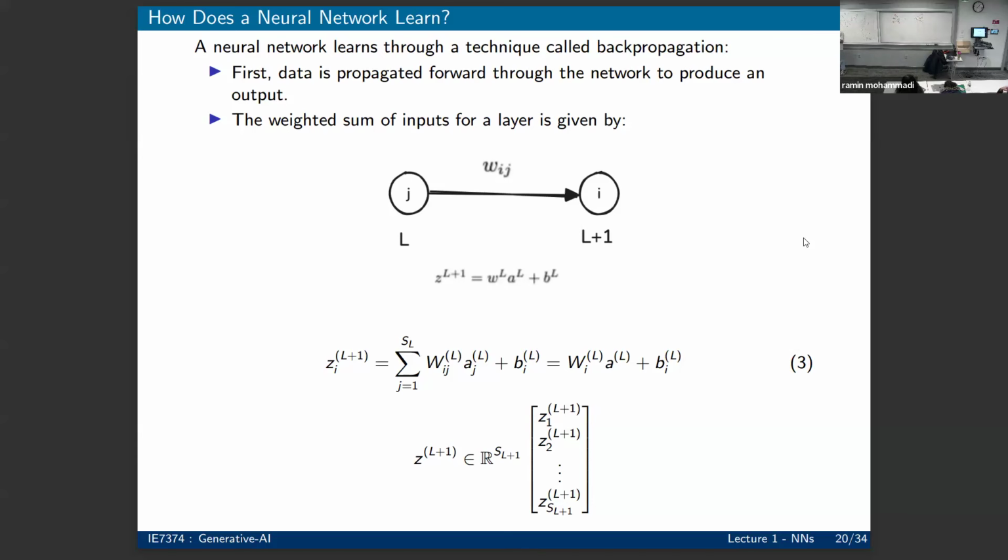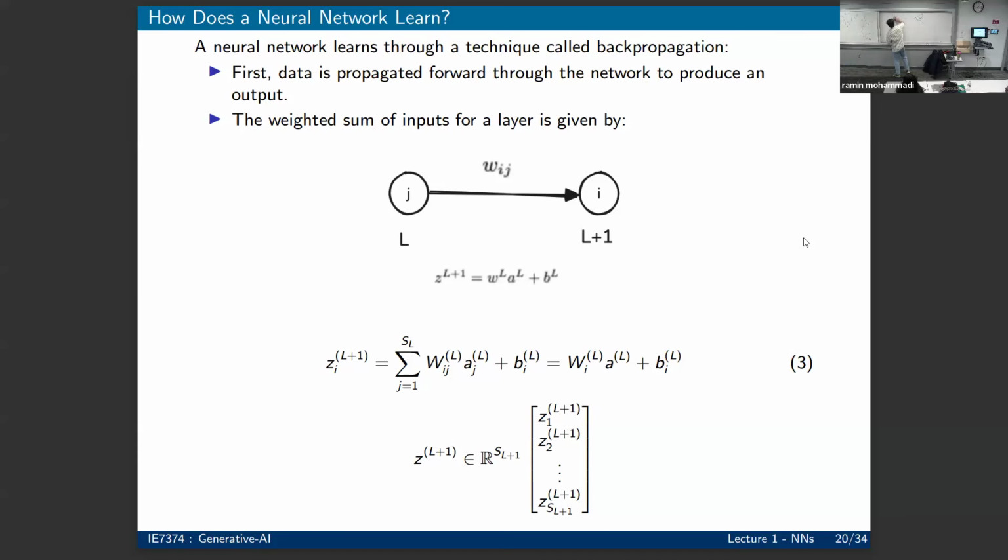When the error propagates backward, you get some amount of error from every node in the next layer, and you need to use all that information to update your weights, not just from one node, because you shared information with different neurons. Now here, Z of I is a summation of all these values that we are receiving.